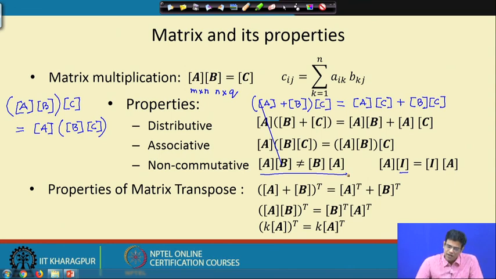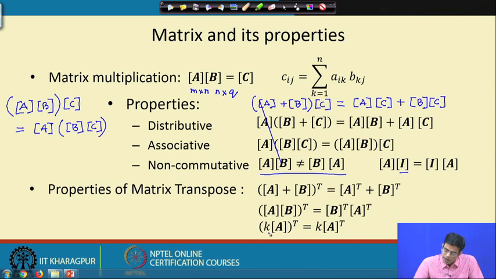Now, there are some properties of matrix transpose also. For instance, the transpose of A plus B is equal to A transpose plus B transpose. If you multiply two matrices and then transpose, it will be B transpose times A transpose.